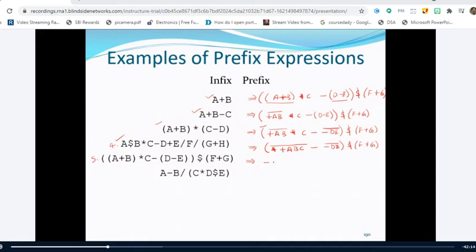It becomes minus star plus ABC minus D, and this entire thing has to be considered as a single operand, and it is dollar, and it is F plus. Now again what do we have to solve right now? F plus G, sir. What is the solution?